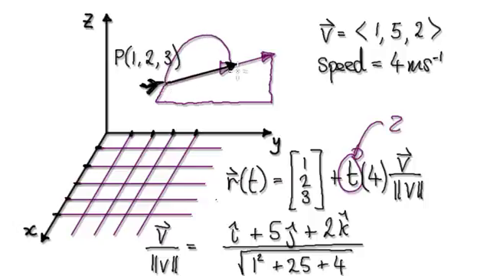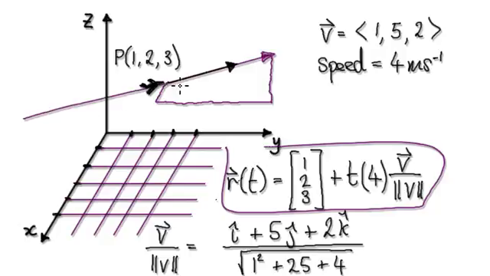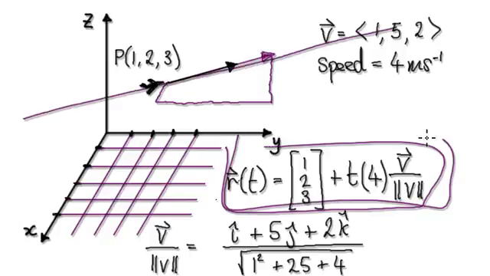So that would be 1 second, 2 seconds. If you want 3 seconds, insert a 3 into that t. It would take you to here, and so on. If you stick a negative 1 in here, it tells you the plane 1 second earlier, if that even makes sense. So our equation for a straight line here is given by this.